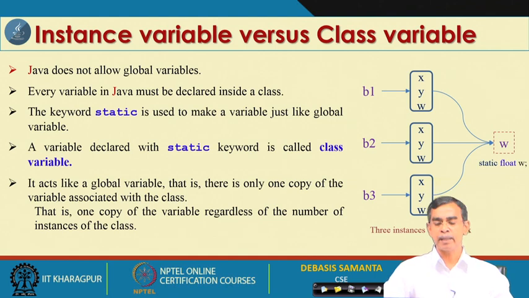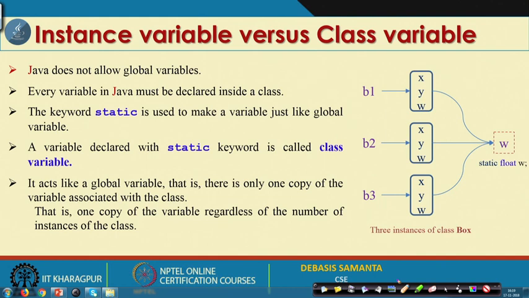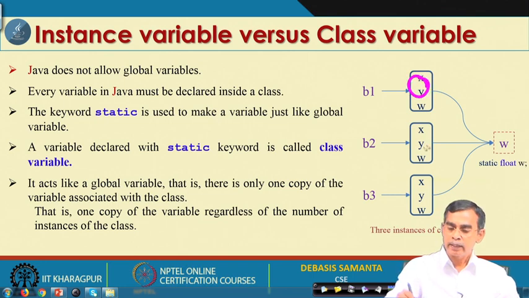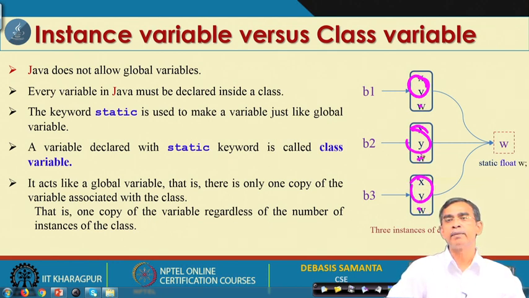Now, here is one example. Suppose B1, B2, B3 are three objects belonging to the class Box, and if we declare W as static, with the static keyword before it, static float W, then W becomes the class variable. So, in this example all x, y are instance variables, whereas this W is the static variable or class variable.